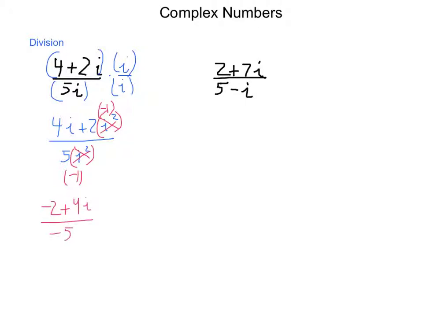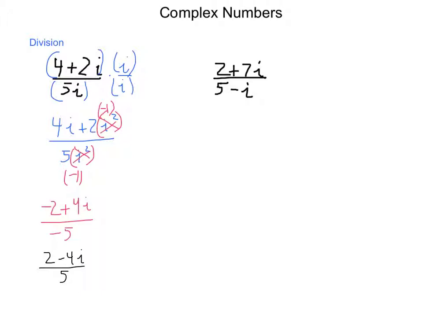Now if I'd like, I could also express this without the negatives. I would have 2 minus 4i divided by 5 by factoring out negative 1 from both numerator and denominator. You can see I now have a number that is strictly real in my denominator, but does have an equivalent value to the original.